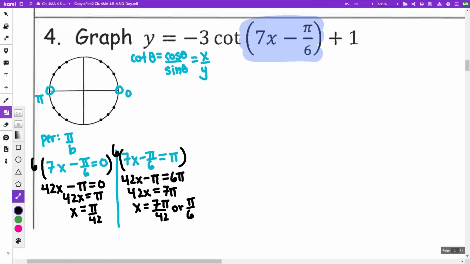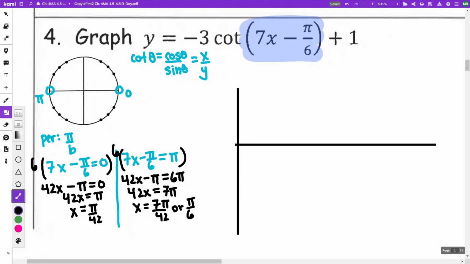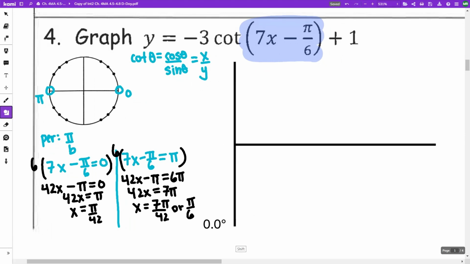So now I am going to draw in my x-axis and my y-axis. Let me redraw that better, sorry. Okay, having some issues, sorry. Okay, so in terms of my vertical shift, I'm going to be starting at 1.